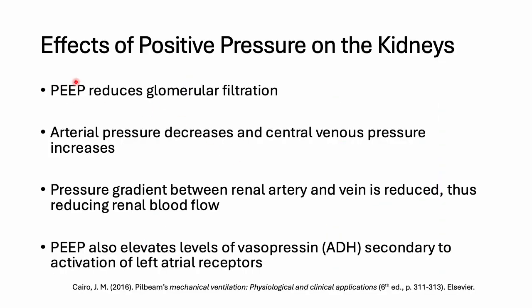So PEEP reduces glomerular filtration. It is not direct. It has to do with the pressure that was illustrated in the previous slide. So this is just something to take note. Not that relevant at this point in time, but if you do practice in the ICU, then you will need to really know a lot more about what the patient goes through in the ICU, not just mechanical ventilation.